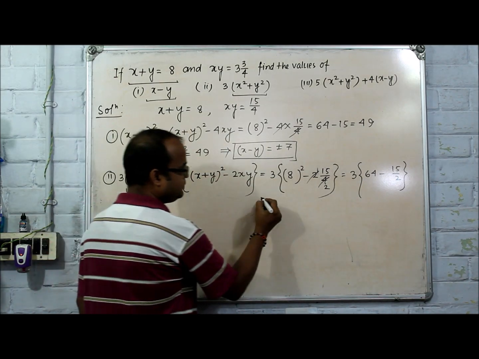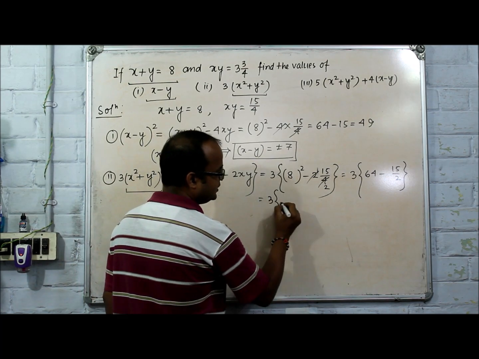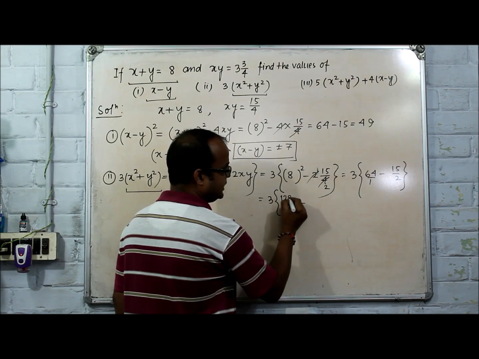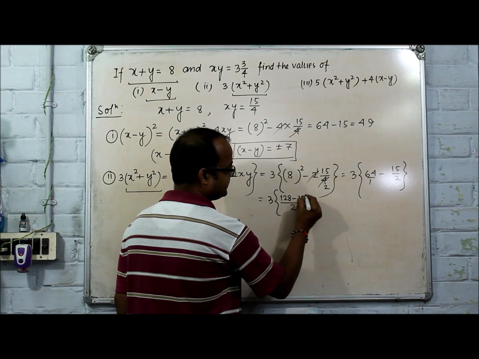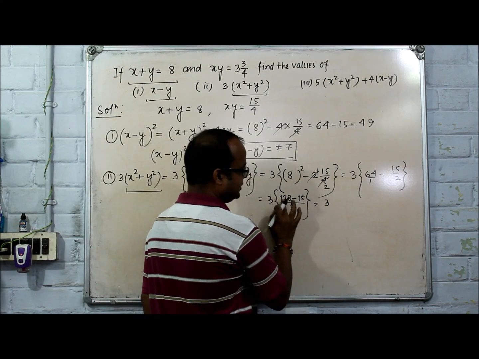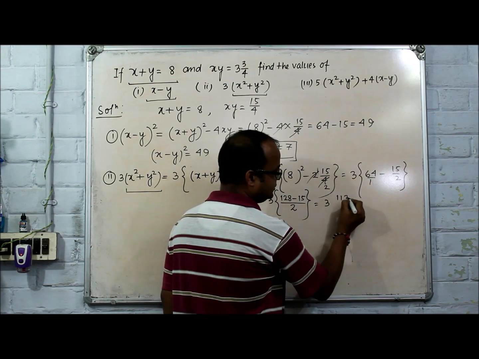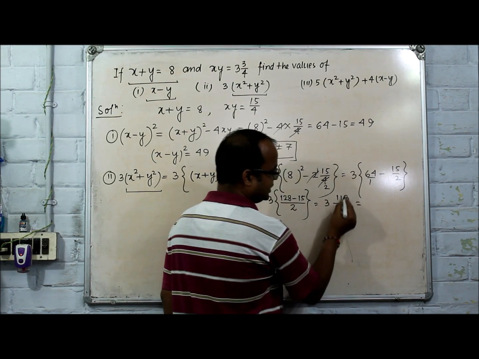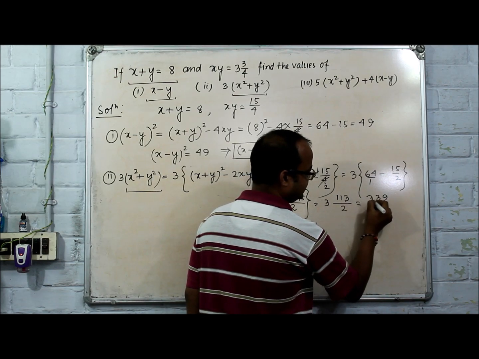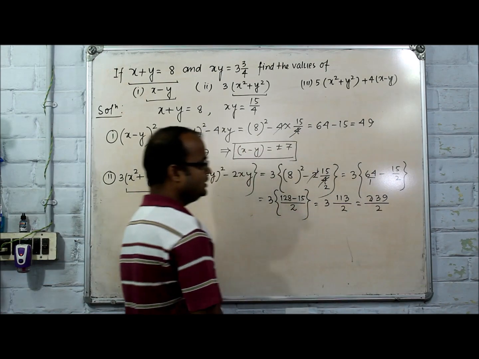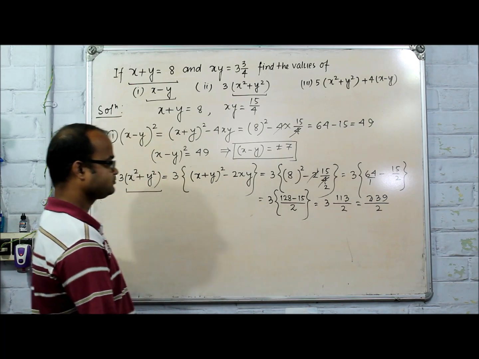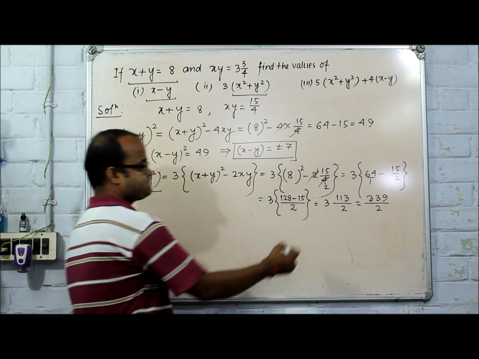Now if you further simplify, you get 3 times, LCM is 2, (128 minus 15). So this is equal to 3 times 113 by 2. Now if you multiply, 3 ones are 3, 3 threes are 9, 3 ones are 3, by 2. You can leave it here or you can convert it into a mixed fraction. Clear?